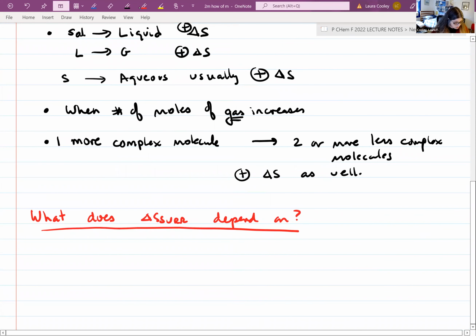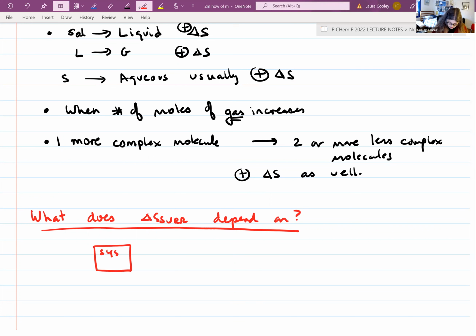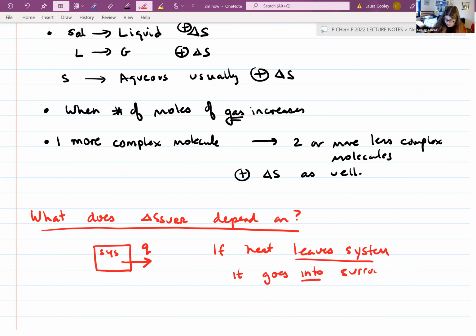So here is the basic idea. You have your system. You can consider this box to be the system. If heat leaves the system, there's only one place that it could go. If heat leaves the system, it goes into the surroundings. It heats up the surroundings.